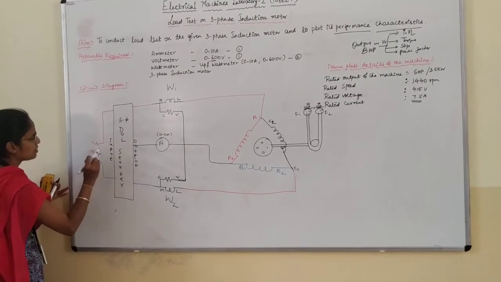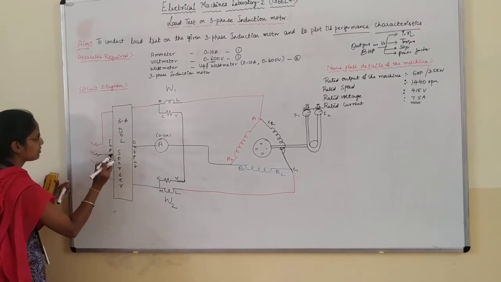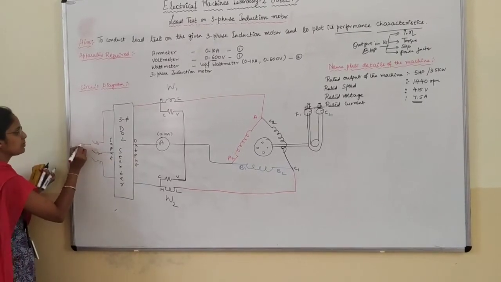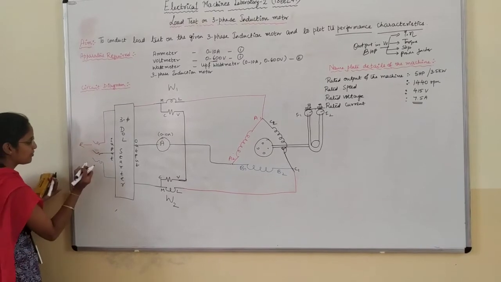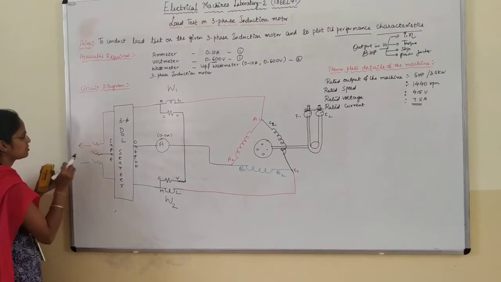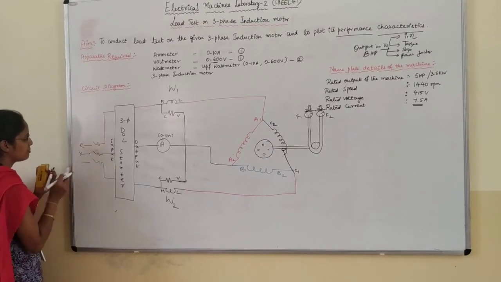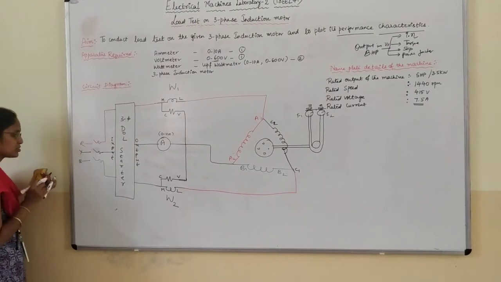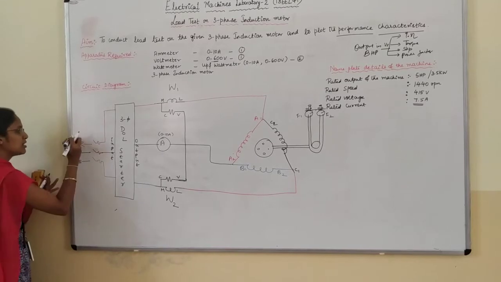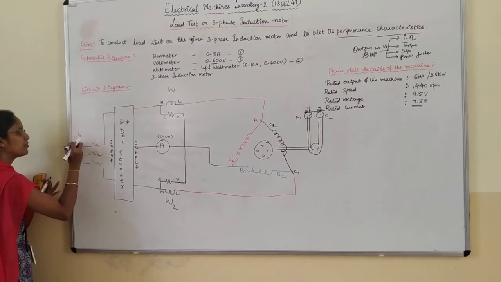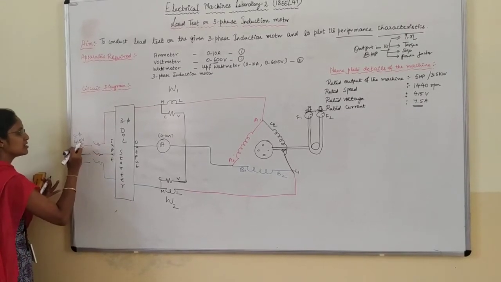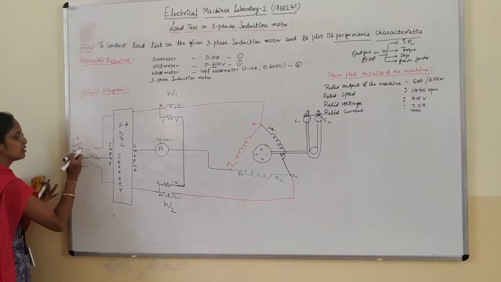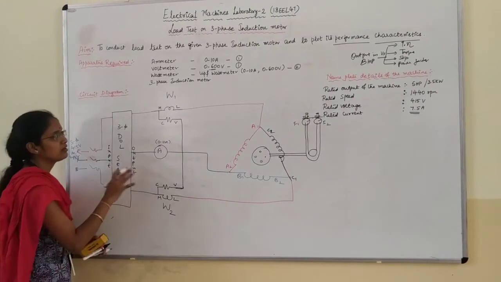So this will be the input side, which will be the R phase, Y phase, and B phase. So what will be the range of the input voltage? That will be around 3-phase 450 volts AC supply. Okay, so this is how we can write it down.